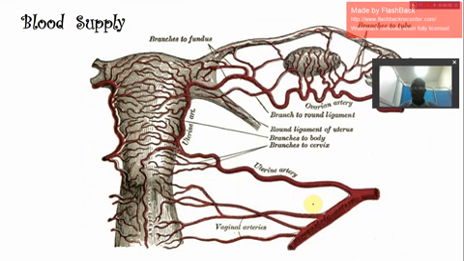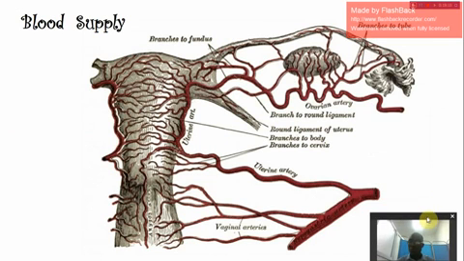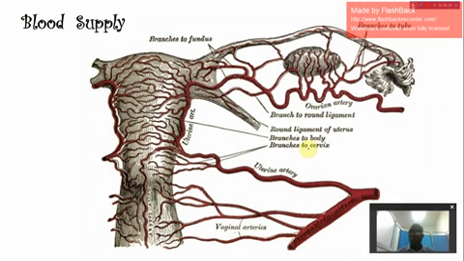The next is the blood supply to the myometrium, to the endometrium, to the ovaries, to the fallopian tube, to the vagina, and to the cervix. So the main vessel here is the hypogastric artery, coming direct from the aorta.